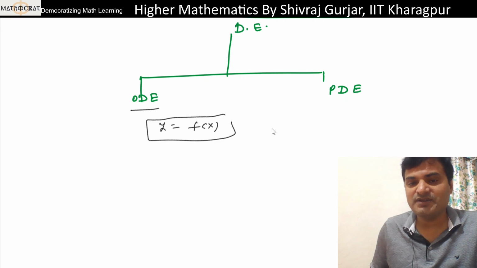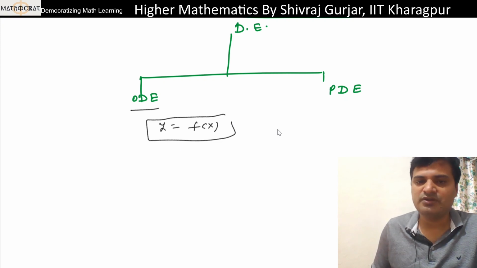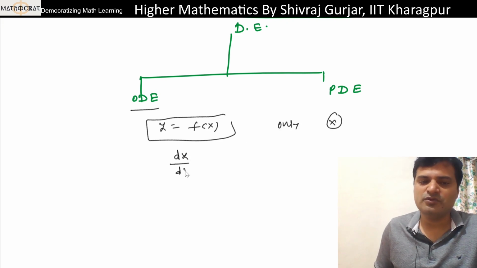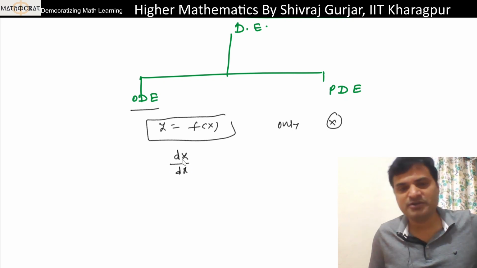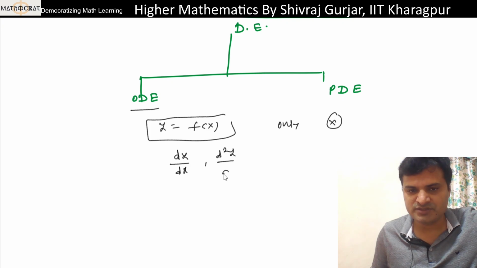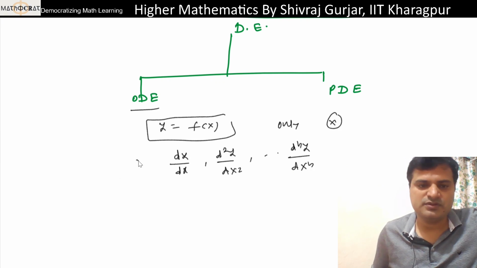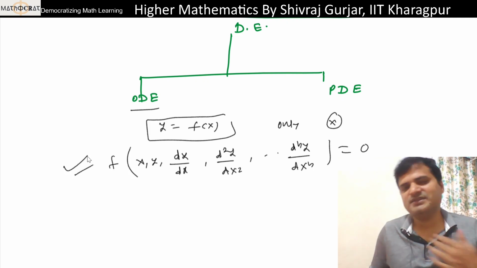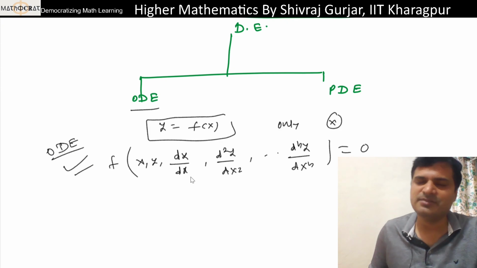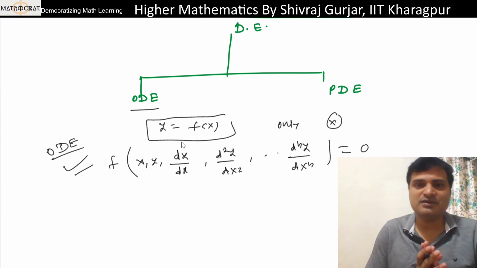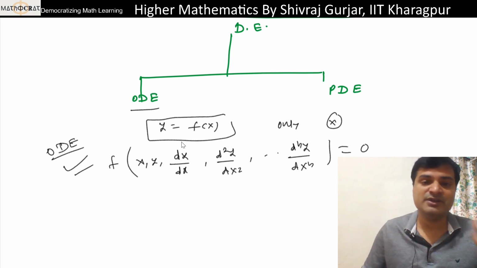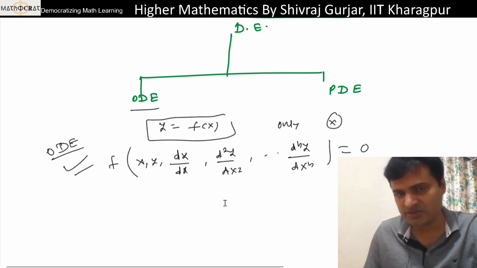If there is only one independent variable here, this is x, and the equation involves only the differential operators of type dy over dx, d square y over dx square, d n y over dx n, or x, y, let us say some function of these. If this sort of equation is there, then this is an ordinary differential equation, because here the independent variable is only one. So when differential coefficients of a dependent variable with respect to only a single independent variable are involved in an equation, then we say that that is an ordinary differential equation.